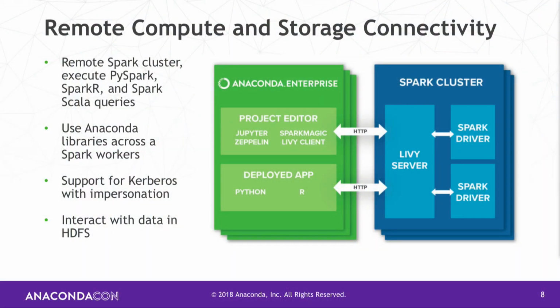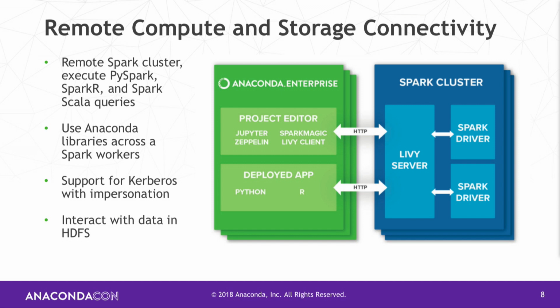Daniel did a great job explaining how we do that for one particular one with Spark, but we have a similar approach for many other data sources and compute sources. Daniel's talk focused on remote compute and storage connectivity for Spark. So this kind of connectivity lets you think about Anaconda Enterprise as you're architecting it.